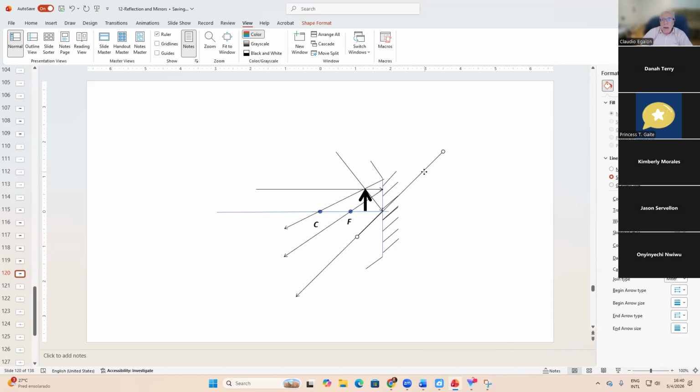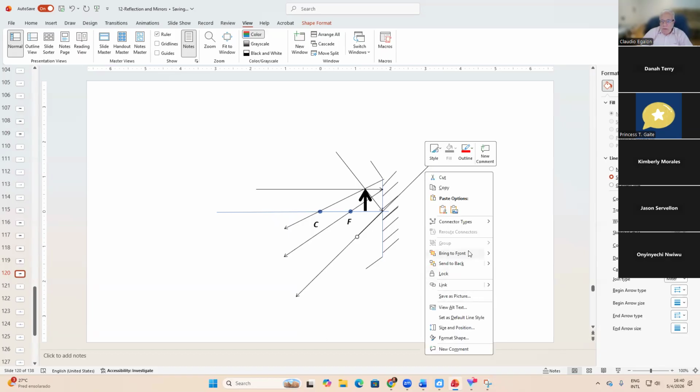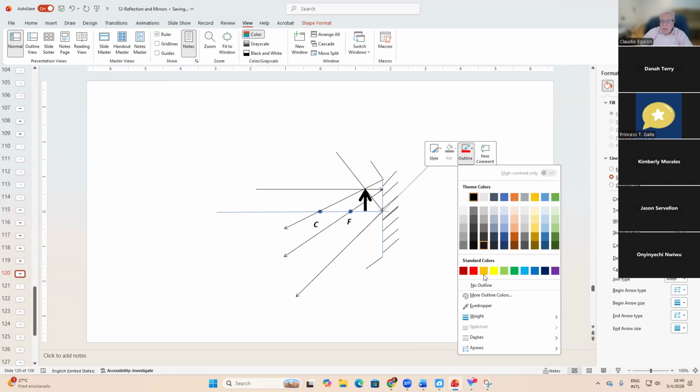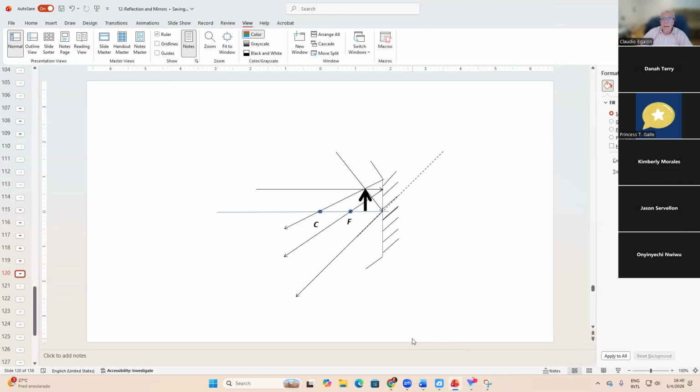I'm going to dash this one so you know it is like that. Another one. They're going to intersect behind the mirror.